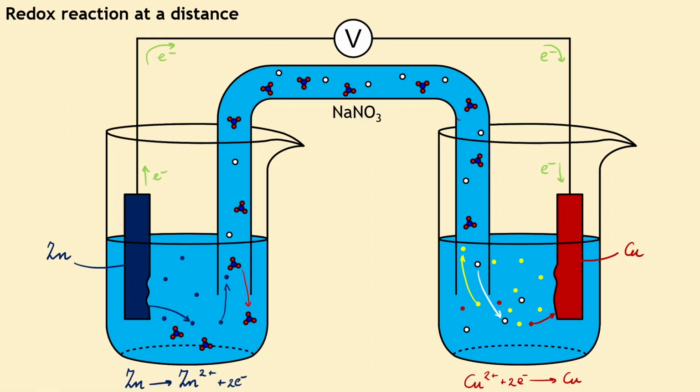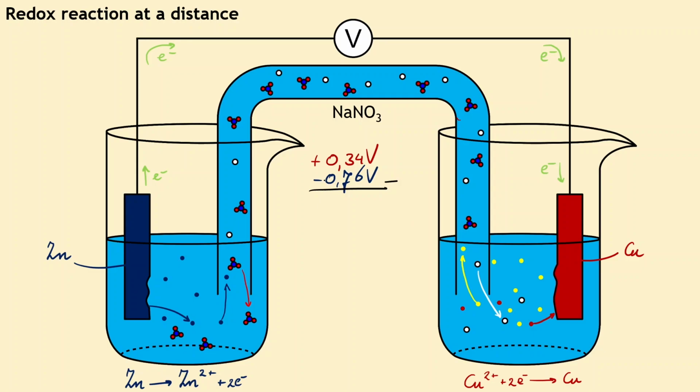If you want to know the potential that a galvanic cell can produce, you will have to find the standard electrode potentials. You can find them in tables, and for copper 2 plus ions, this value is plus 0.34 volts. For zinc, this value is minus 0.76 volts. And to get the potential for the cell, you have to subtract these two values.